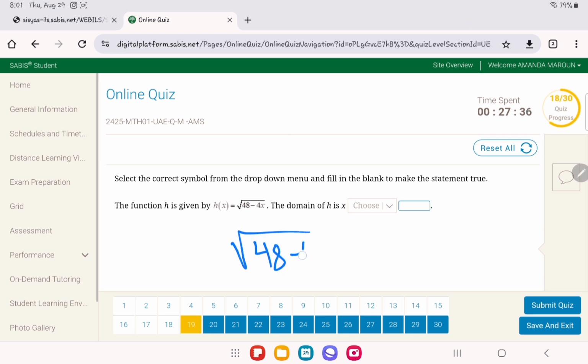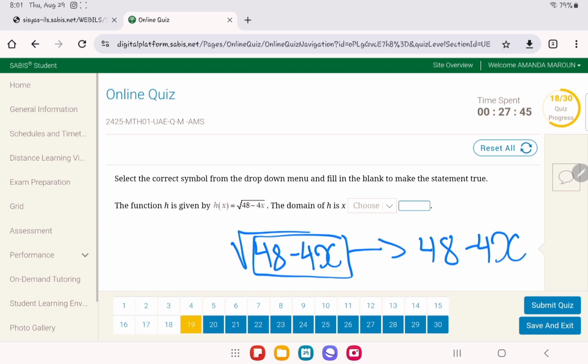Radical 48 minus 4x. We take this outside. It's going to be 48 minus 4x. We said because it is a radical, it's supposed to be greater than or equal to 0. Bring the 4x here. What do we have? Now we're going to have 48 is greater than or equal to 4x.